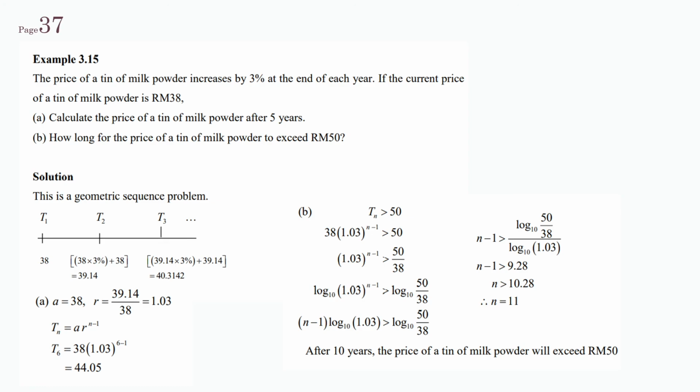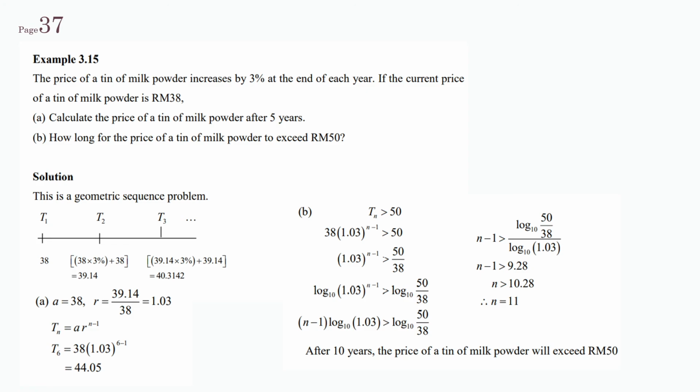So you substitute, you get the answer. And then over here, the price of a tin of milk powder increased by 3% at the end of each year. If the current price is RM38, calculate the price of the milk powder after 5 years. So that means it's T6, it's an "after" question. Okay, how long for the price of a tin of milk powder to exceed 50?